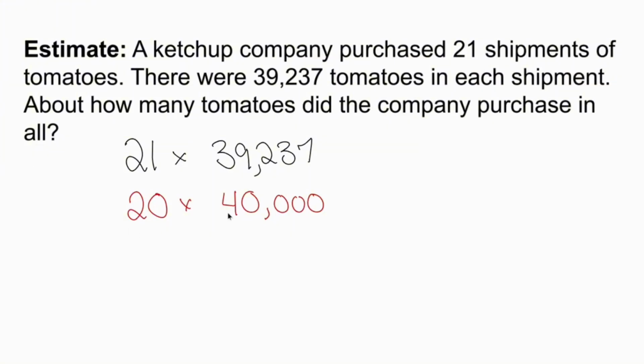Now, whenever you multiply numbers that are multiples of powers of 10, like 20 is 2 times 10, and 40,000 is 4 times 10,000, you multiply the first digits that are not zeros first. So 2 times 4 is 8. Then you count how many zeros are at the end of each number. So that's 1, 2, 3, 4, 5 zeros. You attach 1, 2, 3, 4, 5 zeros at the end of that 8, and now you have 800,000.